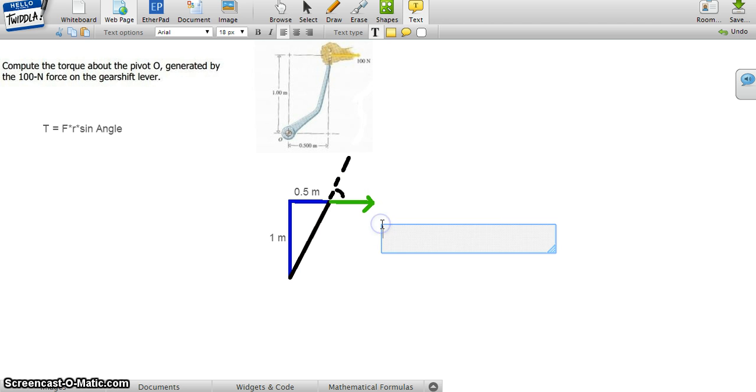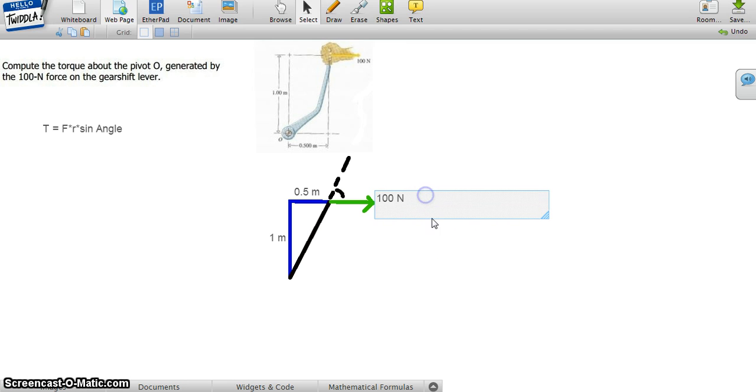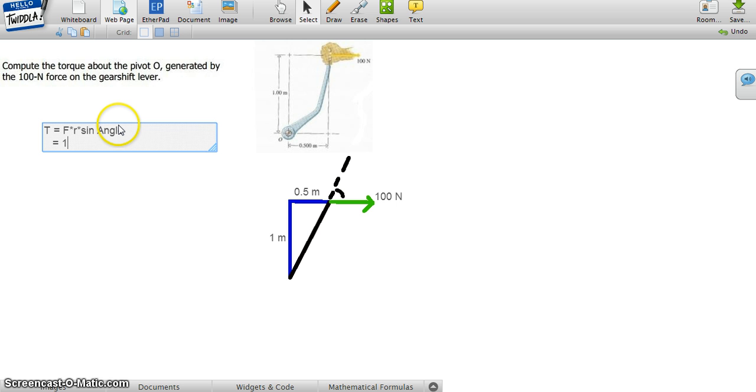And the force is 100 newtons. Okay, so I'm going to go ahead and put into this. That's going to be equal to the force of 100 newtons times the distance away.